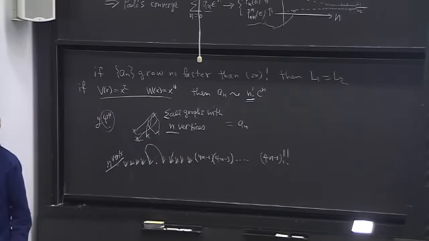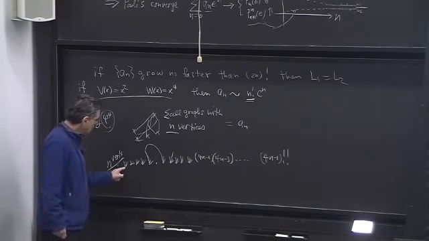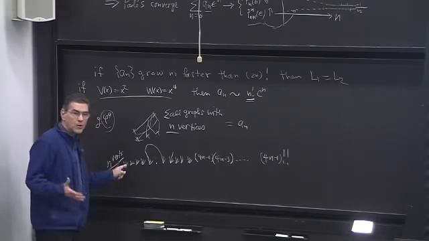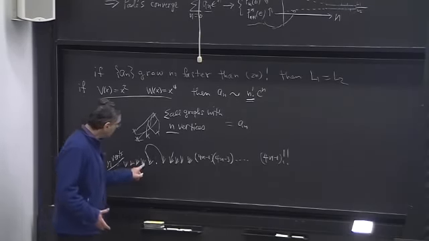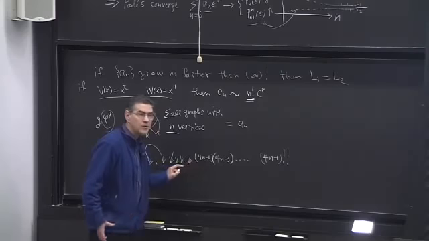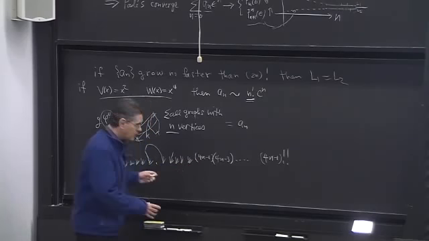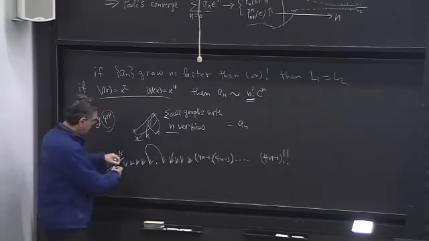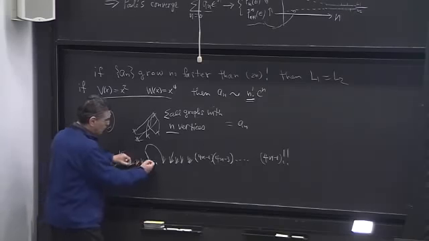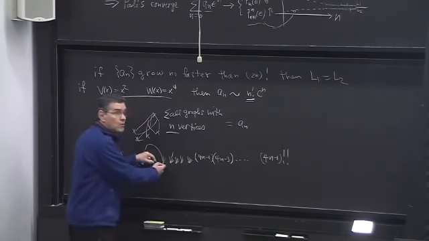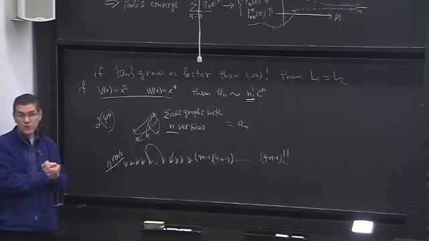However, we are overcounting. Why are we overcounting? Well, to begin with, we've assumed that these vertices are all identical, so we've treated them identically, but we have to divide out all the possible rearrangements of those vertices.